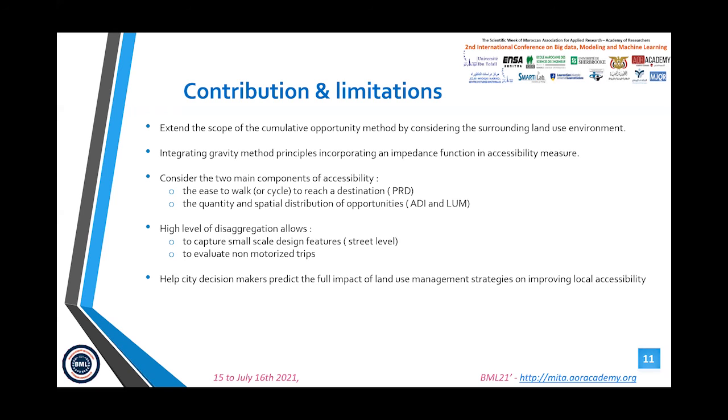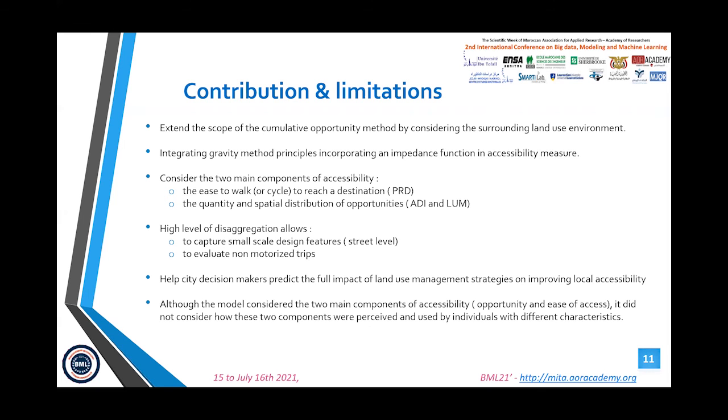Obviously, for a model to be relevant and effective, it must be exhaustive and consider all the factors and elements that can influence accessibility. Even though our model tried to consider the two main components of accessibility, we could not consider how these two components are perceived and used by individuals with different characteristics.